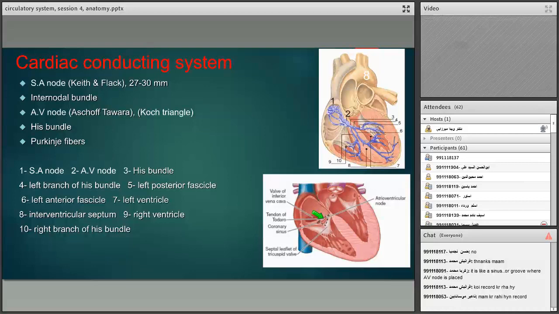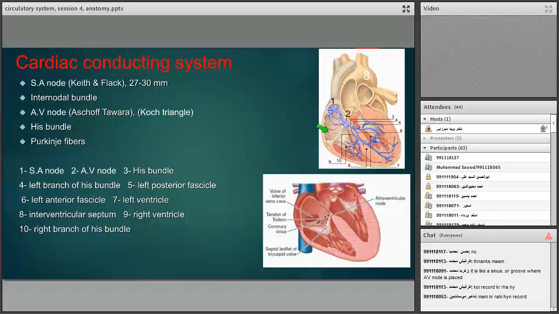The tendon of Todaro is a fibrous tendon placed in the endocardium. Inside Koch's triangle we have the AV node, the atrioventricular node. This is the second node of the cardiac conducting system.